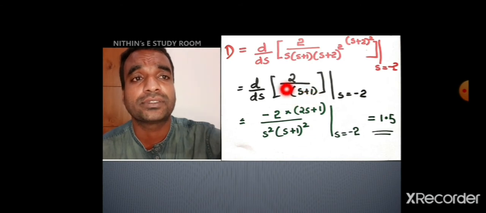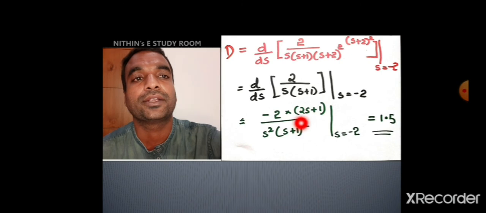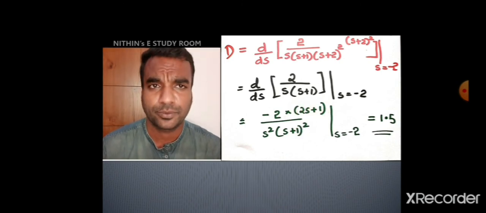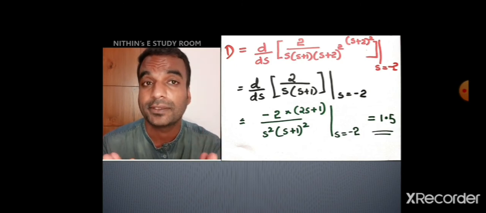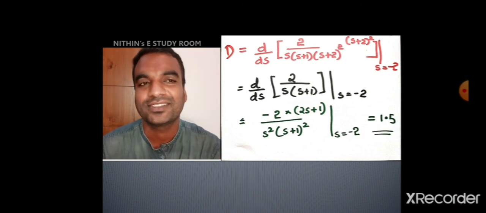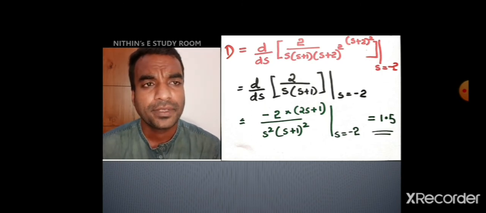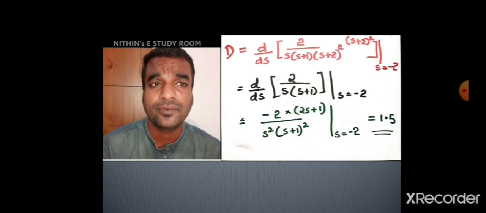If you are differentiating s square plus s again, it is 2s plus 1. So we are writing 2s plus 1 here. This is the method. And put s is equal to minus 2. Please be strong in differentiation, otherwise it will take some more time. Put s is equal to minus 2, and the entire answer will become 1.5.